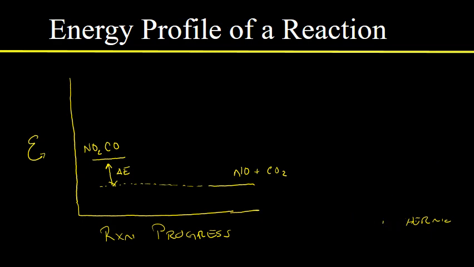All right. So if the reaction were this simple, and the reactants have more energy than the products, then we would expect that during the course of the reaction, things tend to move toward lower energy, so the energy would just decrease like that, going from the starting energy to the product energy.